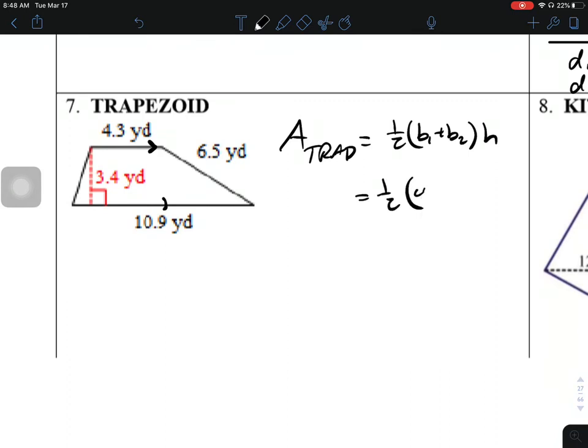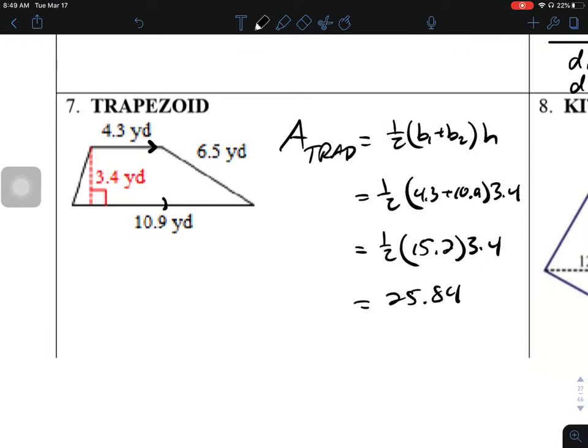The bases are 4.3 and 10.9. The height's 3.4. 4.3 and 10.9 is 15.2. That product is 25.84. The units were yards, so it's square yards.